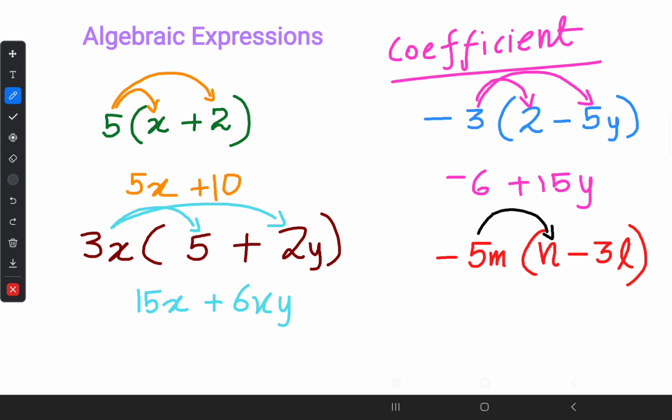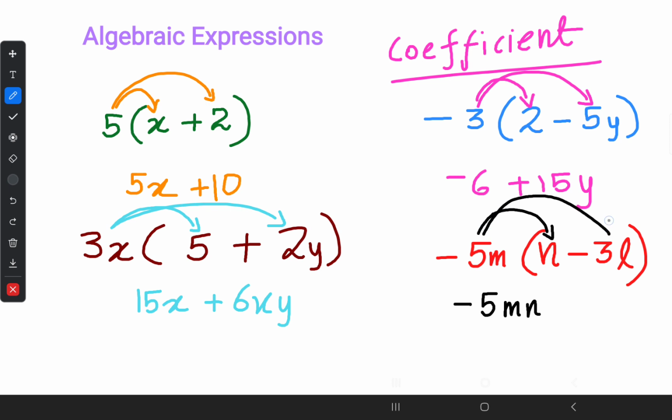This n does not have any numericals with it, so let's keep the negative 5 as it is. Thereafter, it is holding an unknown value. So m multiplied with n would be mn. Negative 5m multiplied with n means negative 5 remains the same, and m multiplied with n would be mn.